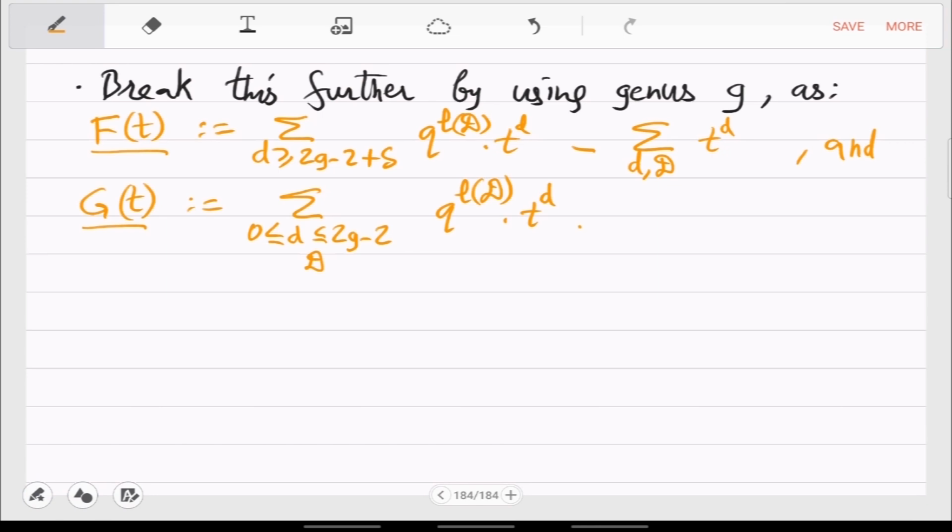Yeah, did we lose anything? So this GT goes up to 2g minus 2, and then FT starts from 2g minus 2 plus delta. Did we lose anything in the middle?